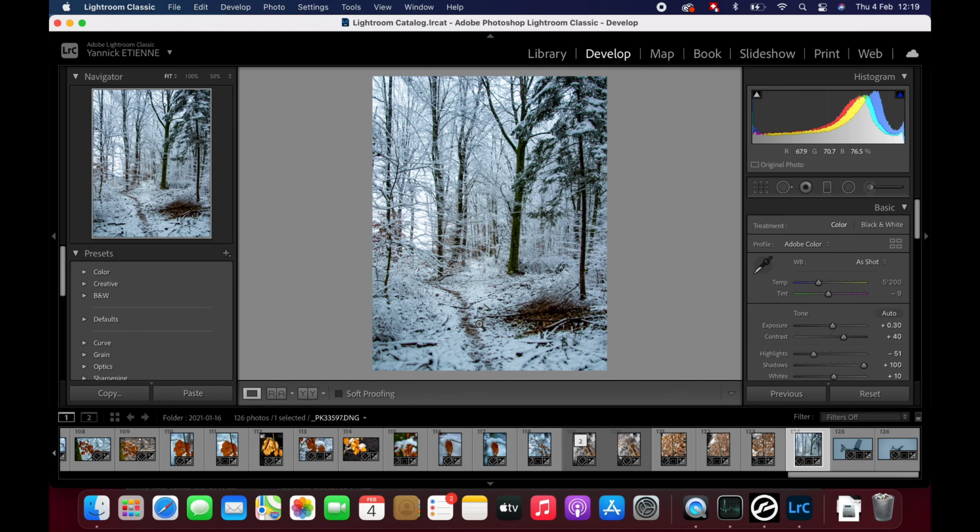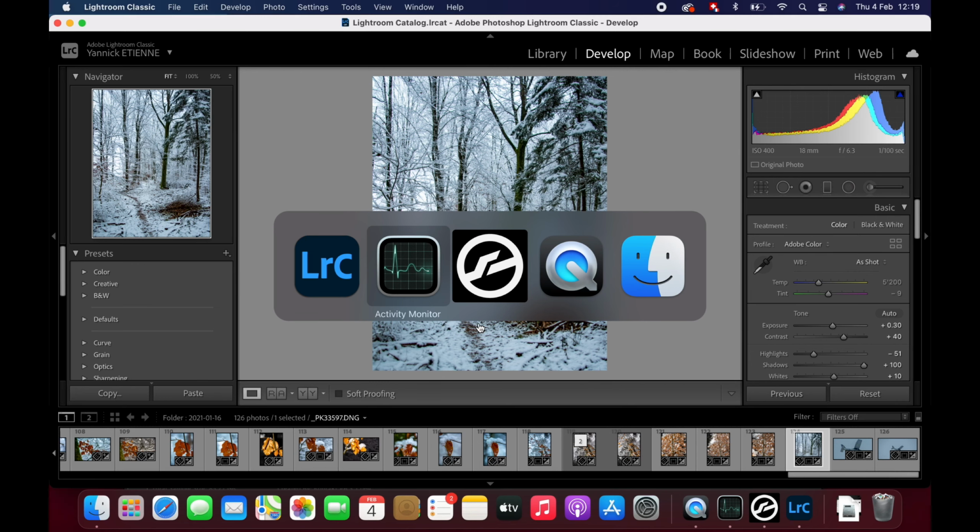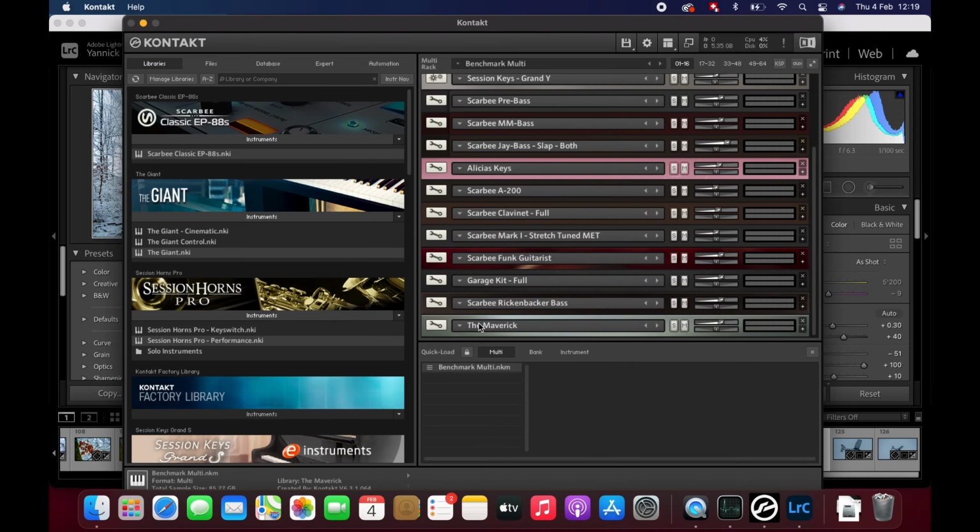And knowing that, of course, running Lightroom together with Kontakt doesn't make any sense, right? But it's just to show that running memory intensive applications, and that is obviously for music quite often the case, right?